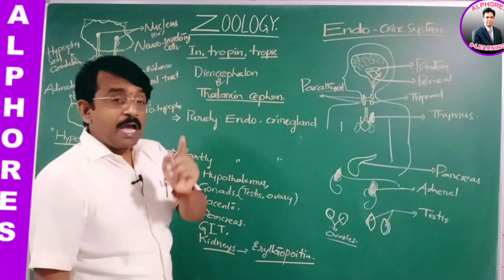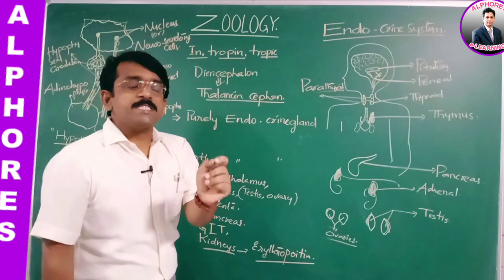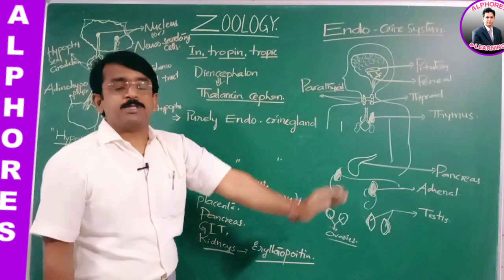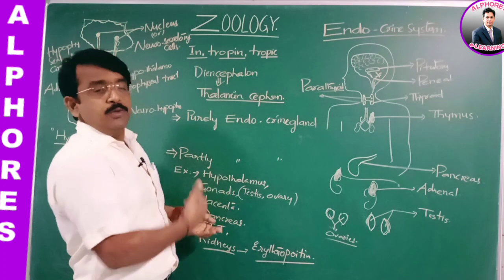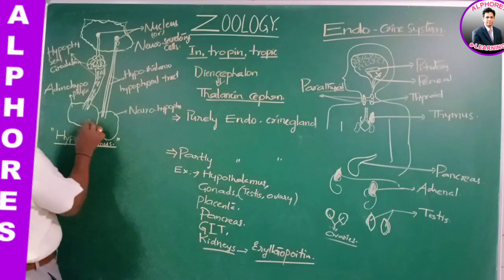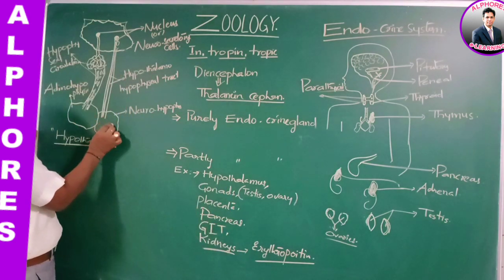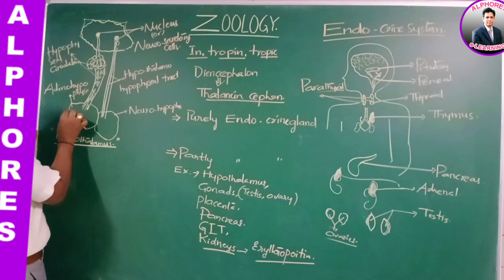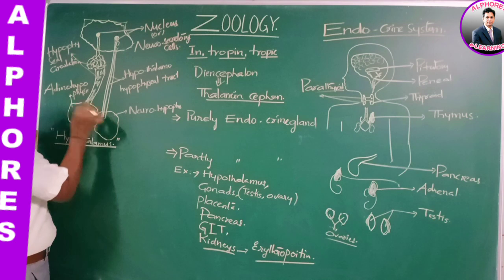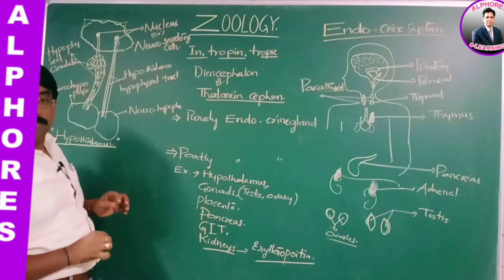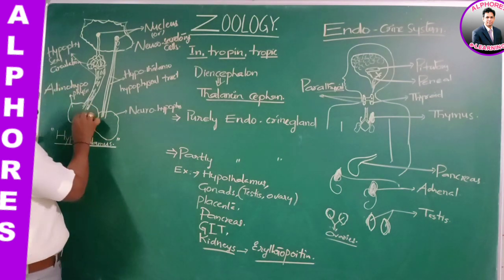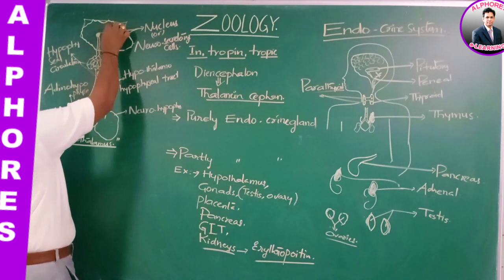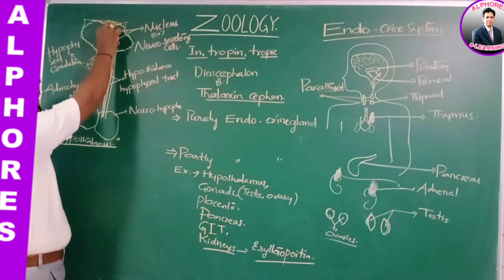Hypothalamus connects both the nervous system and the endocrine system. How? Let's discuss. This is the adenohypophysis and this is the neurohypophysis, nothing but the anterior part of the pituitary and the posterior part of the pituitary. The hormones of the adenohypophysis are stimulated by the hormones secreted from the hypothalamus.